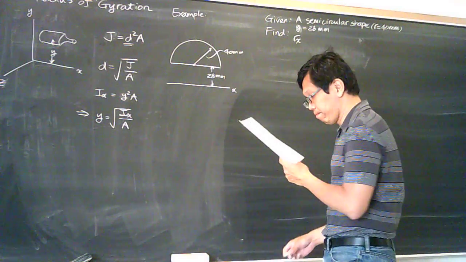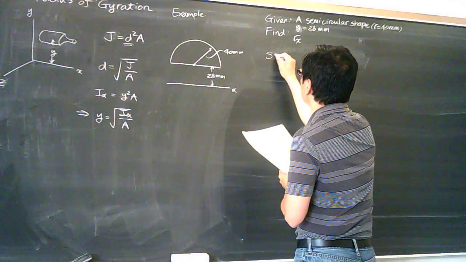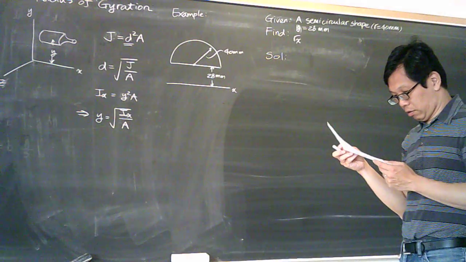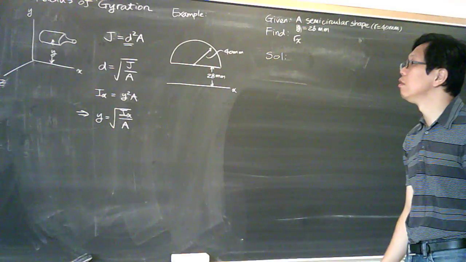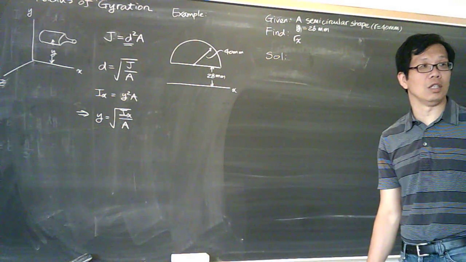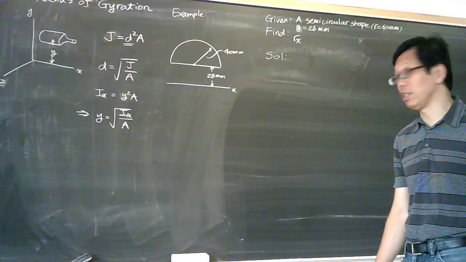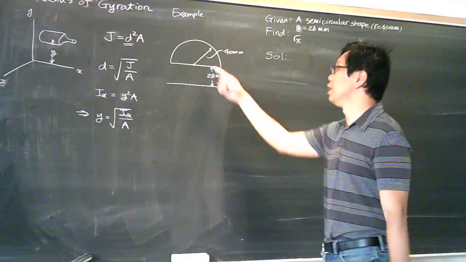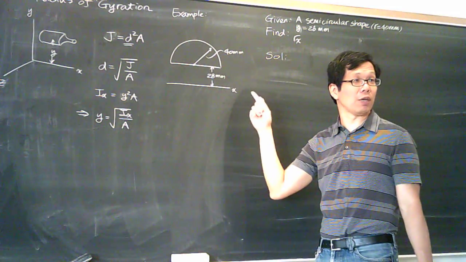Okay? So let's go. So obviously, I'm not interested in doing the calculation or the integration. So I'm going to look up the table, finding out the moment of inertia of this semicircle directly.